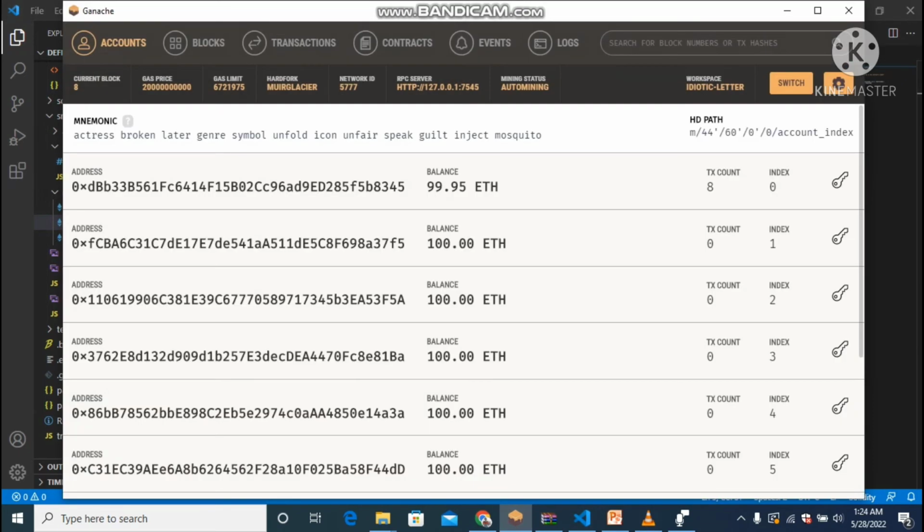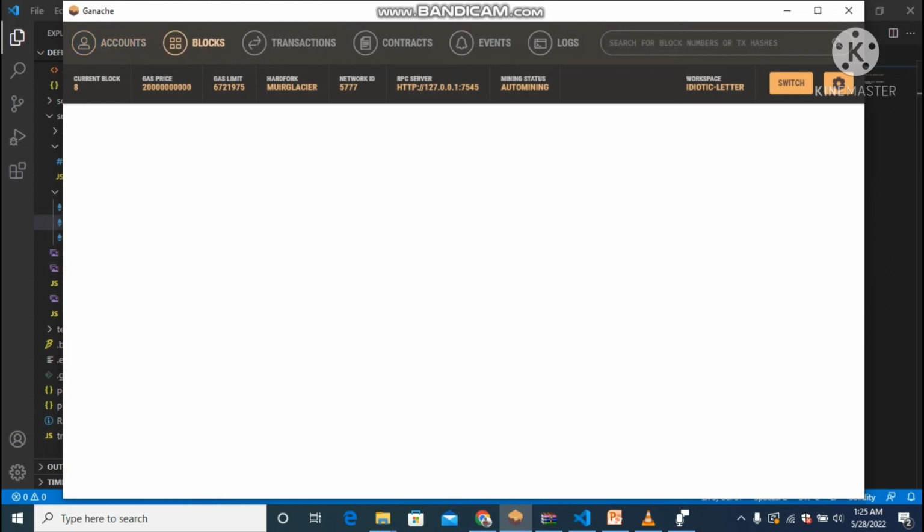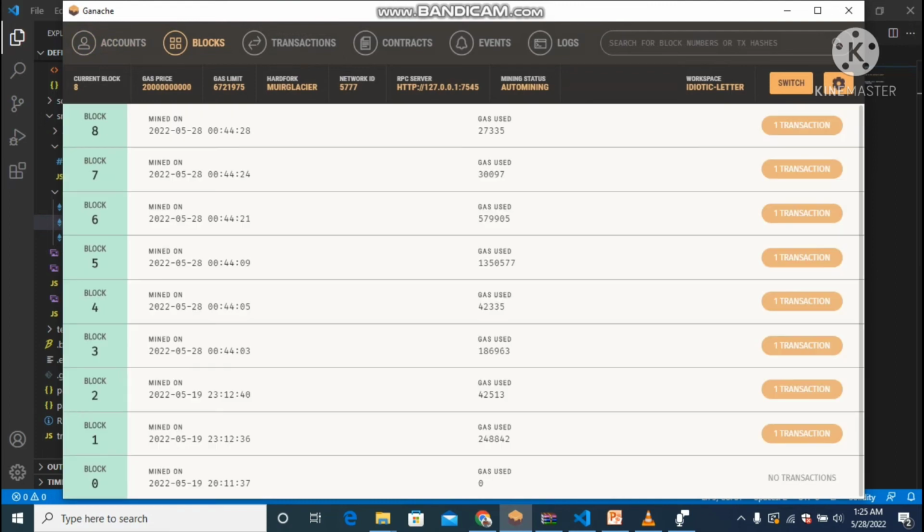And this is the Ganache simulator that we talked about in the presentation. It contains the addresses. These are basically the bank addresses which we will use to do the transactions, and the blocks that we have generated till now.